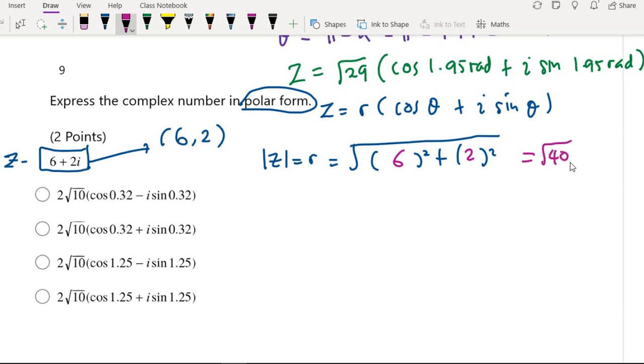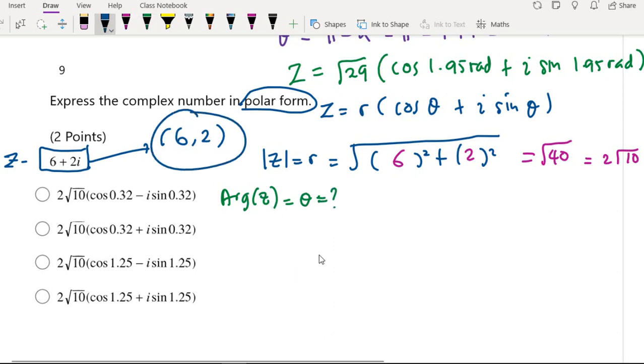So square root of 40, or 2 square root of 10. This is the modulus. Now you need to find the argument of z, or theta.